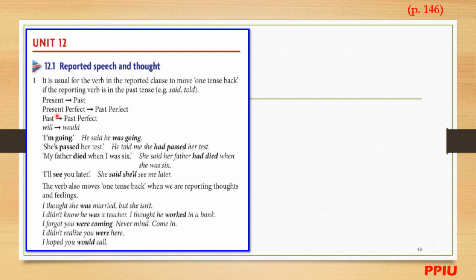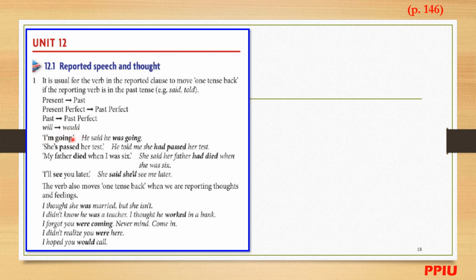If the direct speech is in the present perfect, we need to report it in the past perfect. Whenever the direct speech is in the past, we need to report it in the past perfect. Whenever the direct speech uses will, we need to use would.